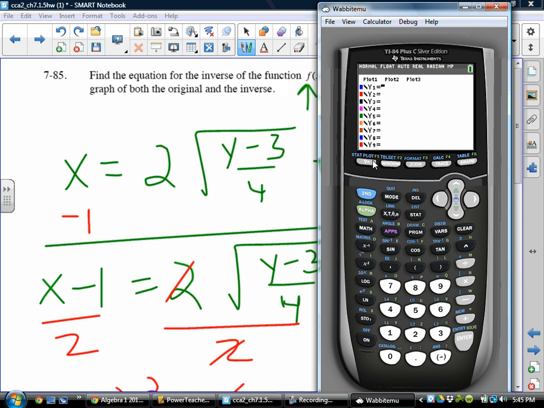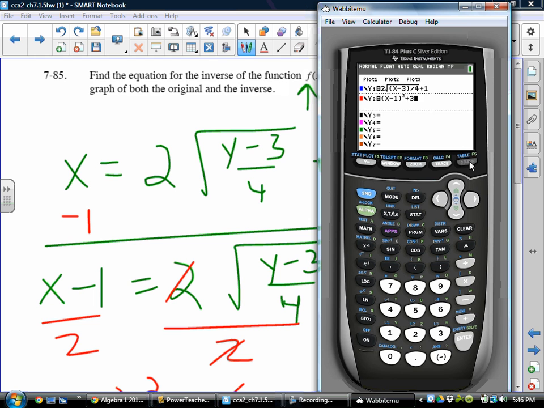So we are going to type in our original equation, which was 2 times the square root of, now be careful, let's put it in parentheses, x minus 3, because I want that quantity divided by 4, and that's still under the square root sign, and then I move over, and then I add 1 at the end. So that's my original equation, okay? And let's graph our inverse equation, which we said was the quantity (x minus 1) squared plus 3. So let's graph those.